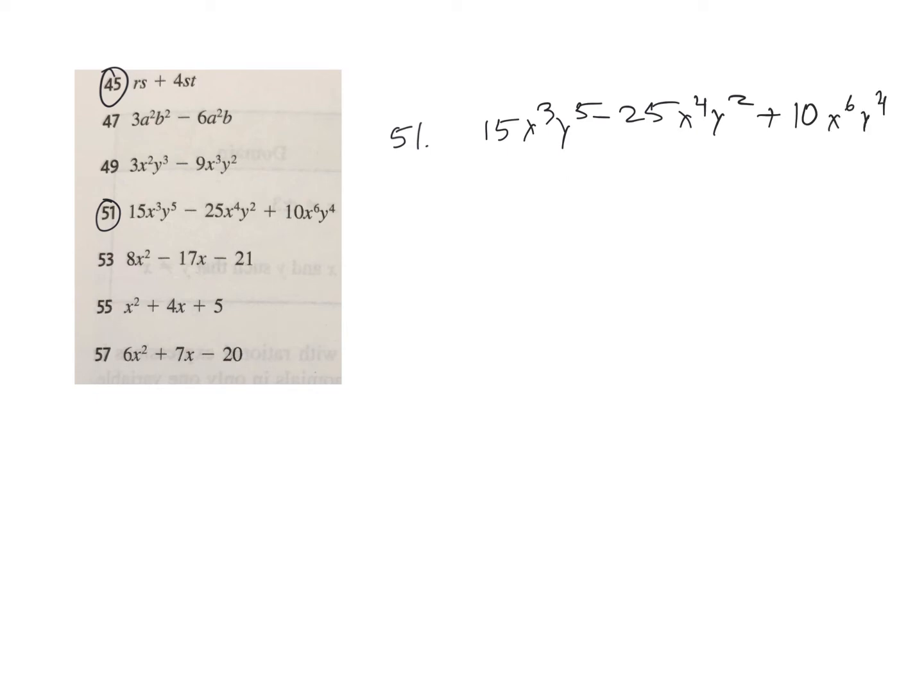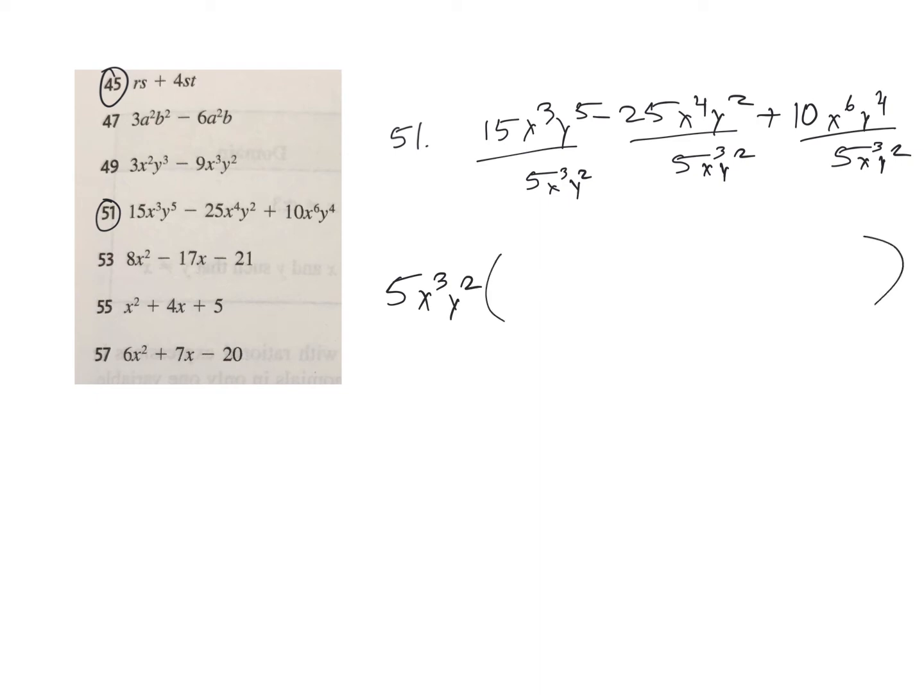Well, first of all, look at the numbers. They're all divisible by 5. Now look at the letters. They all have x's. What's the smallest exponent on the x? That would be x cubed. And what's the smallest exponent on the y? Because they all have y's. So y squared. That is what is going to go out in front of our parentheses.